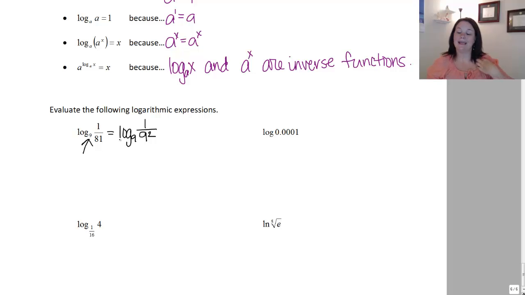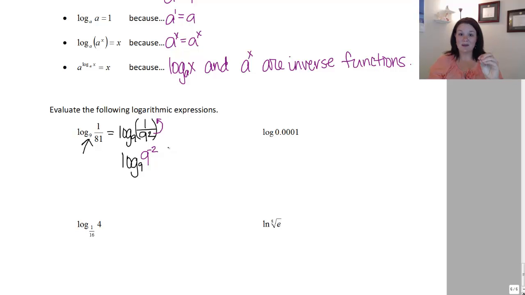Okay, now I can't cancel out log base 9 and 9 right here because I don't have a 9 as my inside number. I have a 1/9. Okay, so what I'm going to do is use my rules of exponents to move this 9 squared up to the top. Now when I move it up, it's going to become 9 to the negative 2, right? So what I have now is log base 9 of 9 to the negative 2 power.